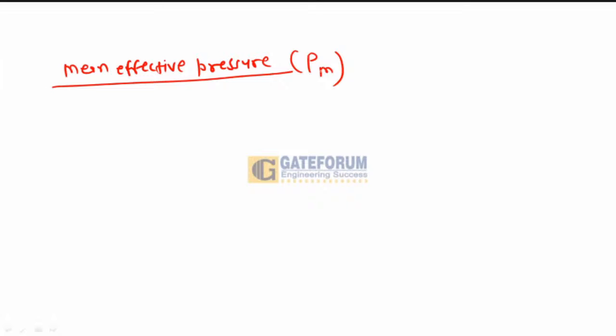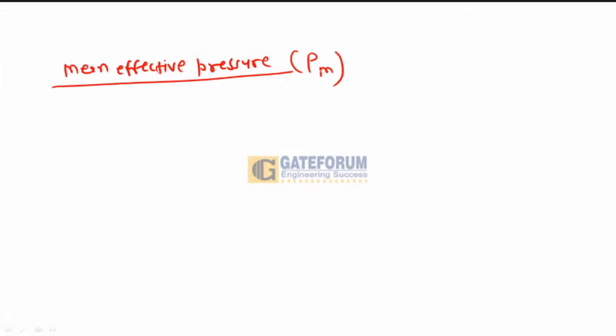It is not an actual pressure, it is an imaginary pressure which gives the same work done as the actual cycle for the same change in swept volume. That means it is imaginary.